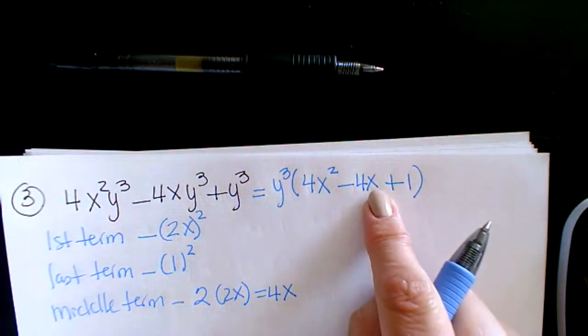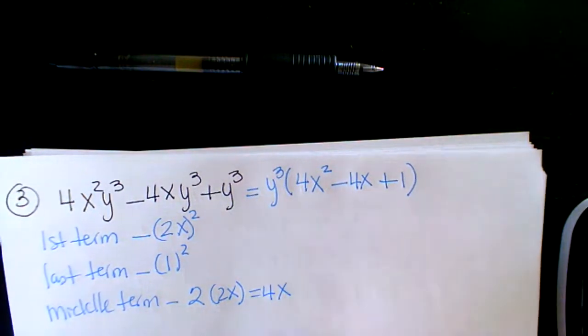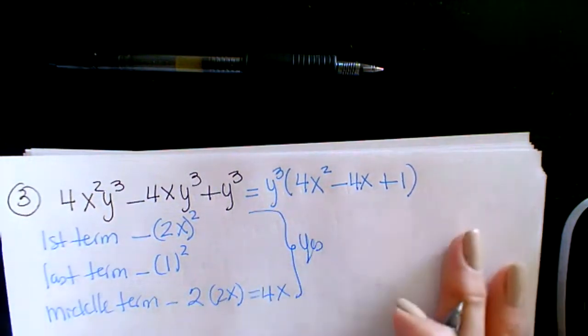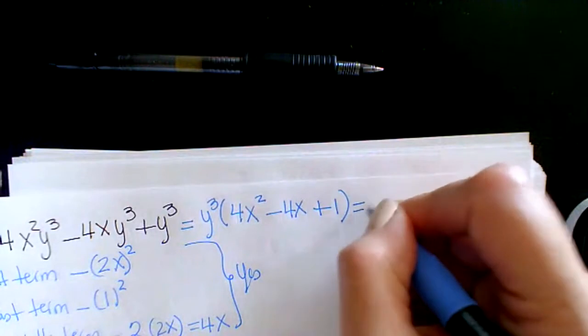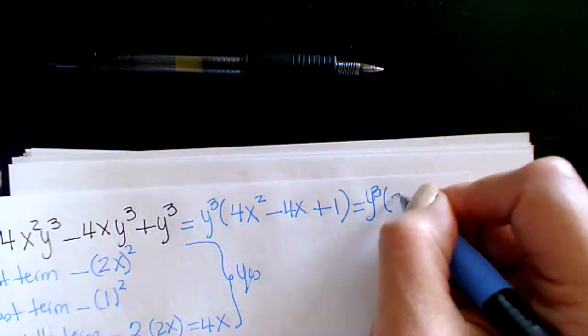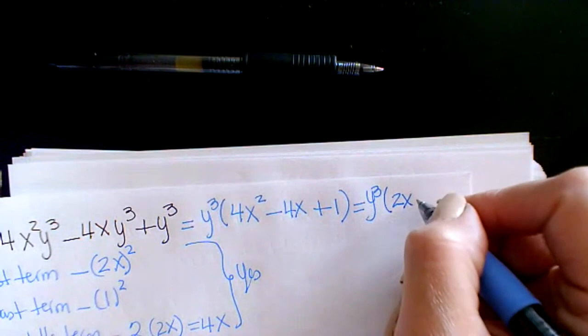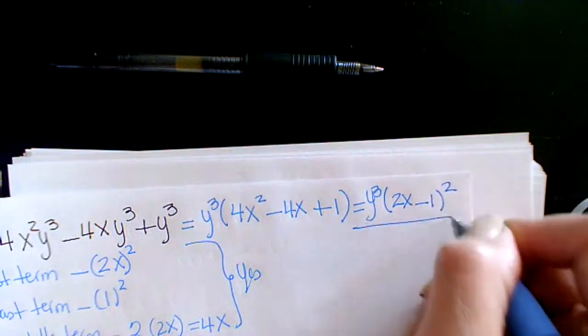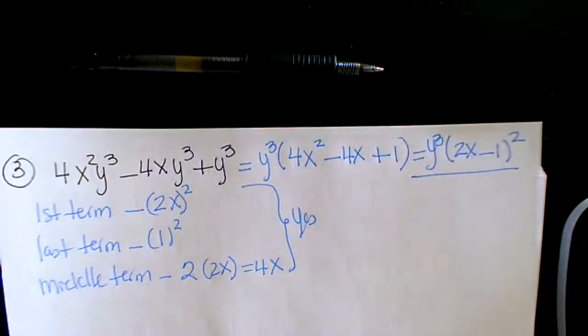And that's what it is. So yes, it's a perfect square trinomial. So we're going to factor it. Don't forget this. So it's going to be what? 2x minus 1 squared. Okay?